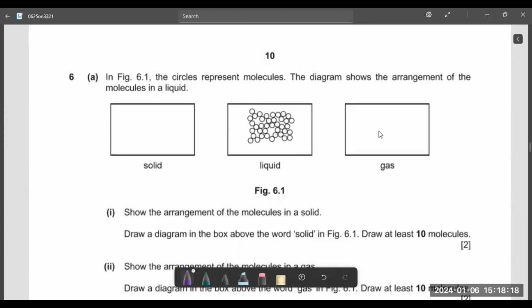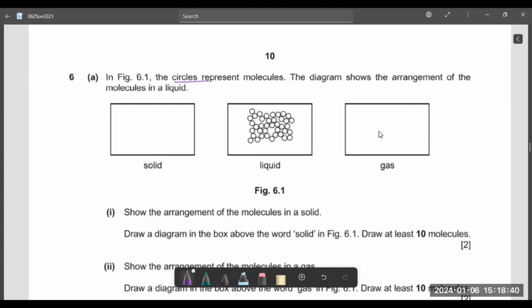Next, figure 6.1, the circles represent molecules. The diagram shows the arrangement of molecules in liquids. Show the arrangement of molecules in solid. So draw a diagram in the box above the word. We need to draw at least 10 molecules.